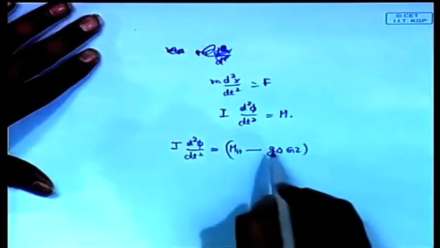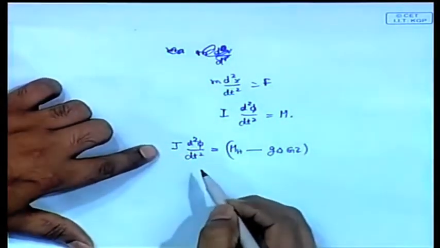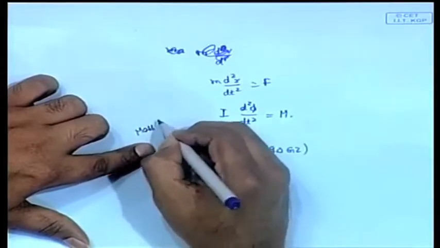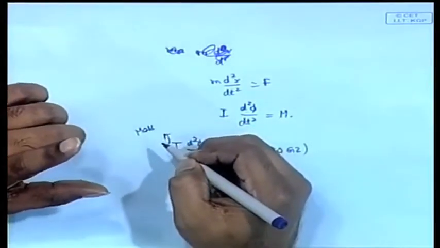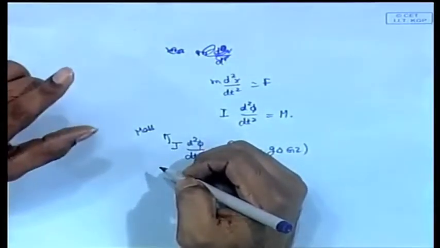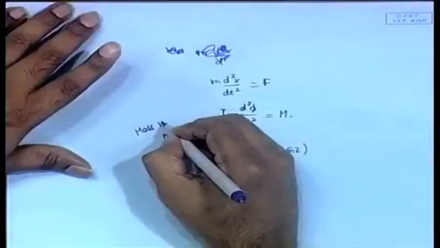So the healing moment minus the righting moment will give you j, which is still the same thing as our I, but with a slight difference: till now we talked about area moment of inertia in our earlier discussion. This is the mass moment of inertia, like ma is the force, I is related with m as the mass moment of inertia.